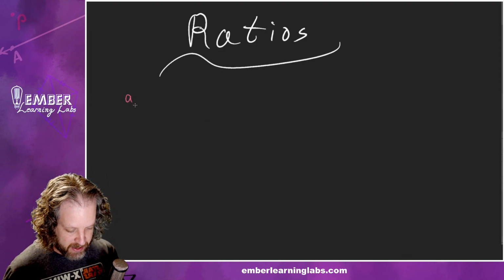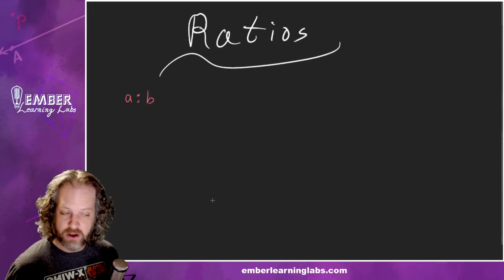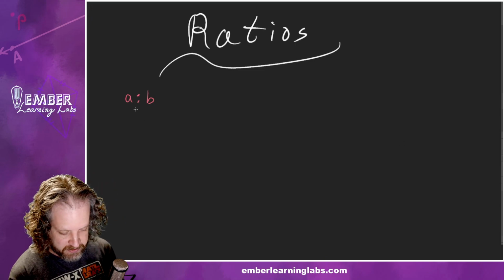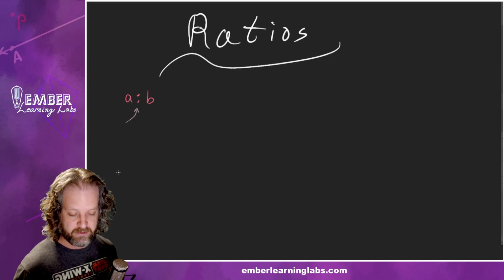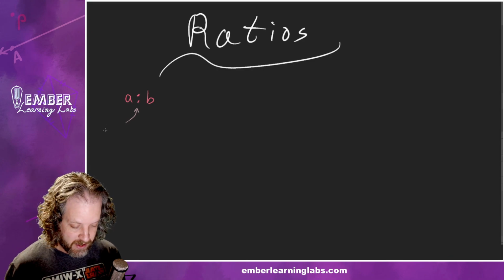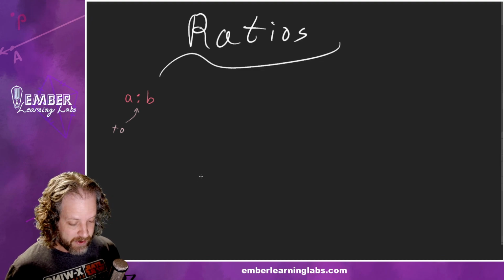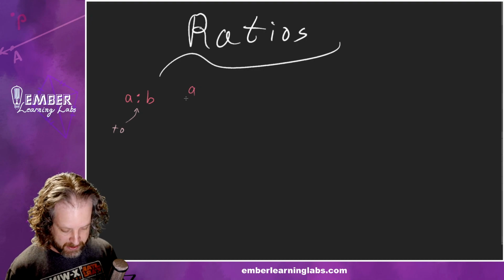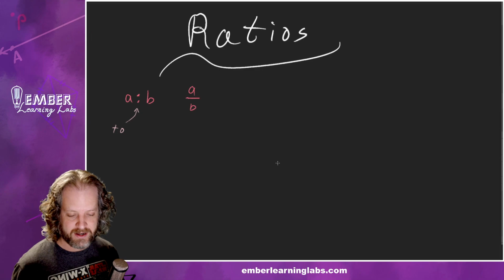We can write it as A to B, with a colon there, and you heard me say it out loud, but for the sake of clarity, and because we don't know what people's backgrounds are sometimes coming into my classes, we say this as "this to that." We can also write ratios as fractions, like A over B.